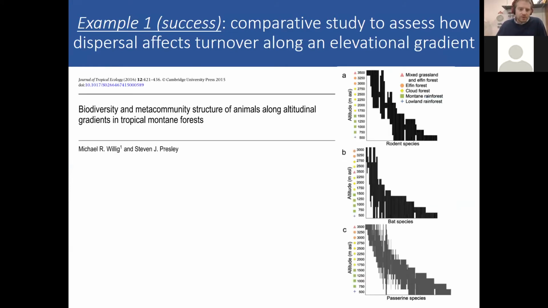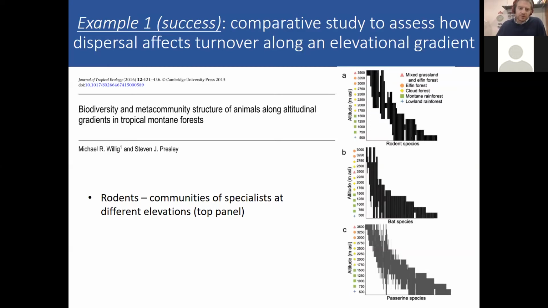Mike Willig and Stephen Priestley published this paper, which is a really nice example of hypothesis testing, with a study comparing metacommunity characteristics for different groups of species.